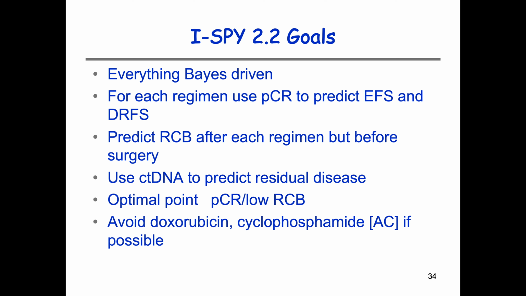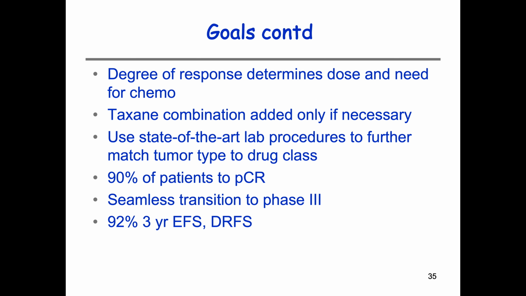And they want to avoid chemo, doxorubicin, and cyclophosphamide if possible, if the data shows that can be done. The degree of response determines the dose and the need for chemo, as I just said. Taxane combination is added only if necessary.